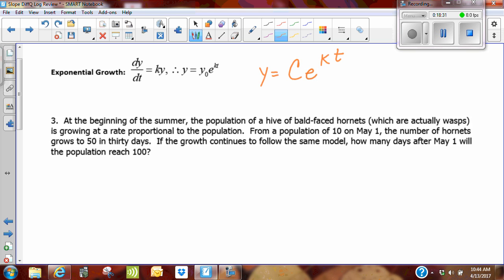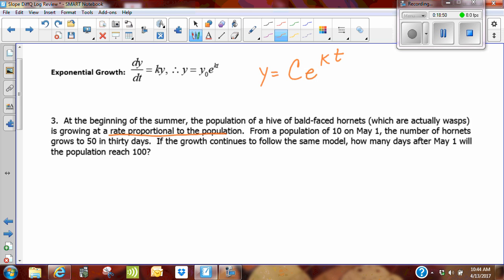That was what the y sub 0 is, your constant. Now, when do you use this? The beginning of the summer, the rate is proportional to the population. If you have a direct proportional thing going on, that's when you use this guy.